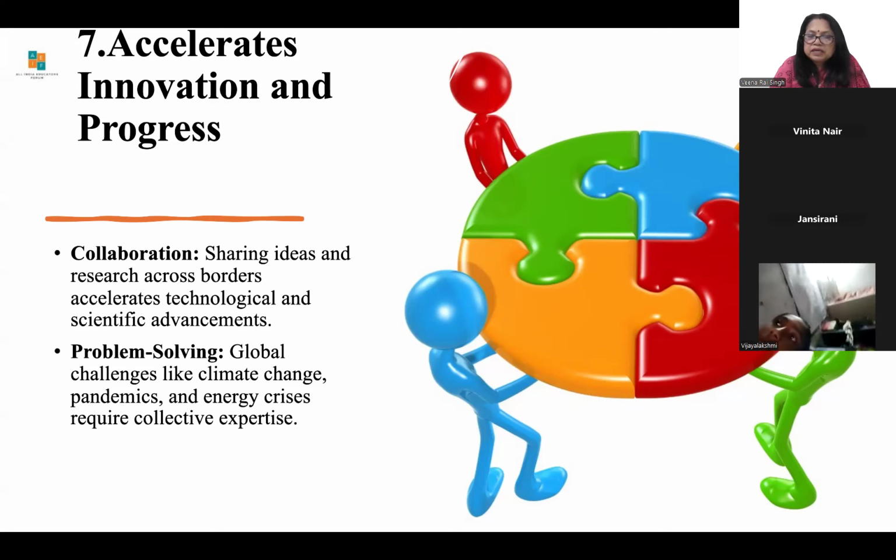With the help of scientific advancement, technological development, and sharing ideas, we can always come to problem solving. Problems like climate change, pandemic, and energy crisis can lead us to a definite problem and its solution.